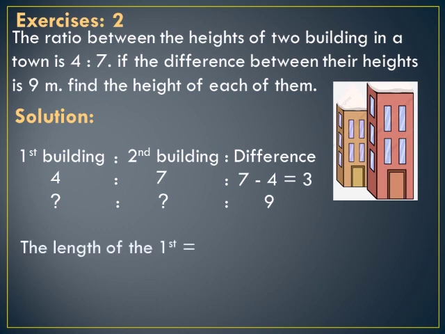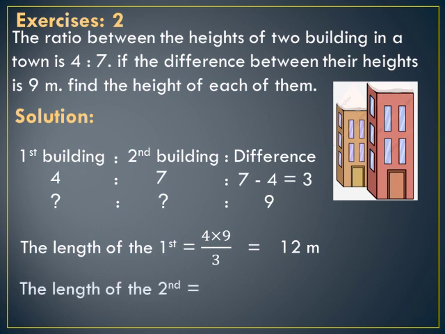Okay, primary? To get the height of the first building, hide the second and make scissor. 4 by 9 over 3 equals 12 meters. Calculate it on your calculator. Make the fraction sign. To get the height of the second, 7 by 9 over 3 equals 21 meters.